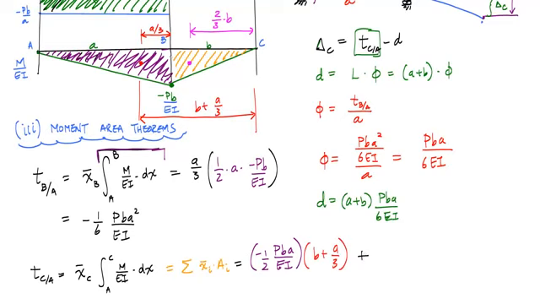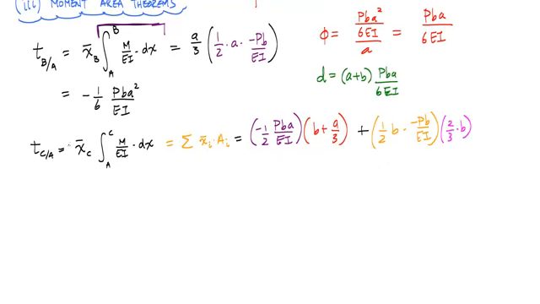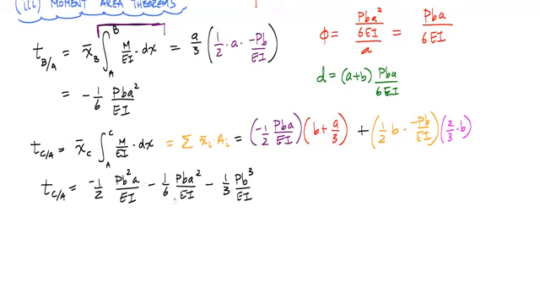Plus the orange area, which is 1/2 the base, which was B, times the height, which is negative PB over EI, times the arm, which is 2/3 times B. And what we will get after we work out this algebra is that TCA is negative 1/2 PB squared times A over EI minus 1/6 PBA squared over EI minus 1/3 PB cubed over EI.